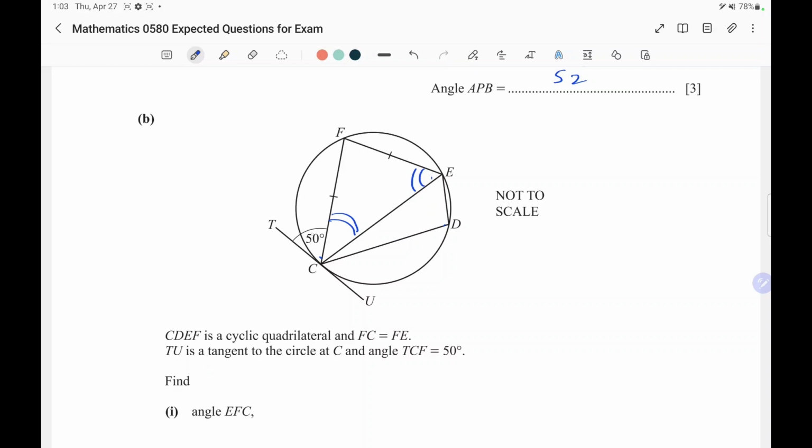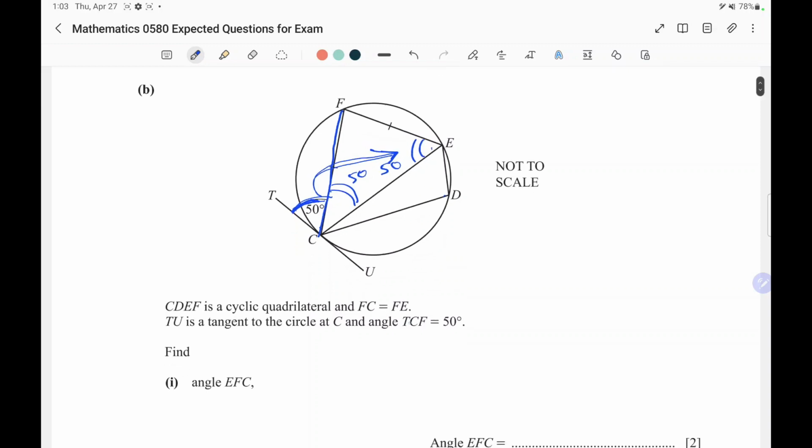TU is the tangent, and this chord makes an angle over here. So this angle will be equal to this angle because of the alternate segment theorem. If it is 50, then it will be 50, and this will also be 50 because of the isosceles triangle.